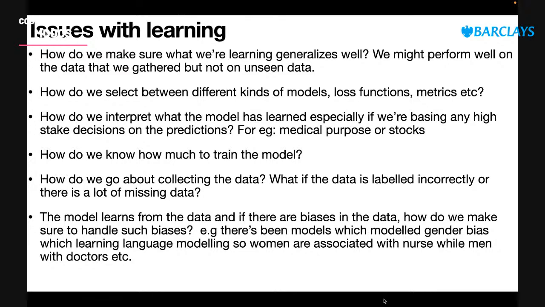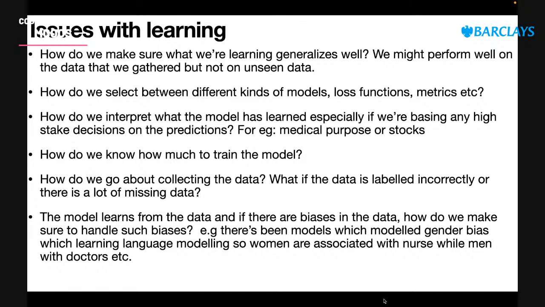How do we go about collecting the data? For example, for Apple, it is very easy. But if we are working on a very complex data set, how about collecting the data and then labeling it correctly? Because in supervised learning, we have to label it. If I'm not labeling it correctly, then I'm missing some of the data, and there is some bias in the data.